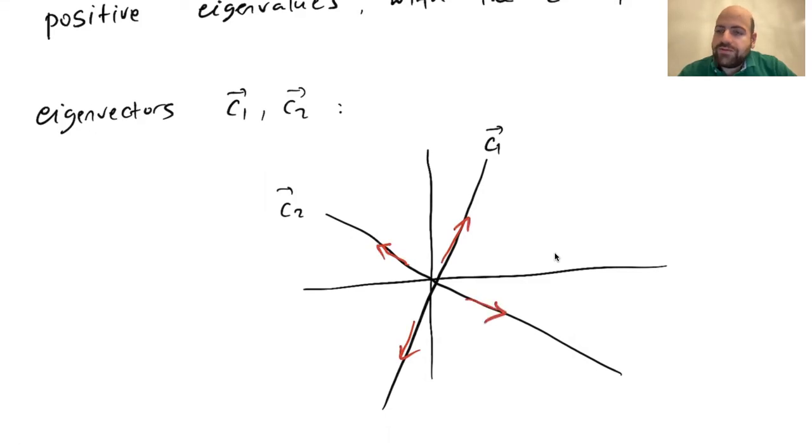So this is if you start from some point along this line or some point along this line, then we know how the particle will behave as t goes to infinity. But what about if the particle starts from some point in between? It doesn't have to start from some point on this line or some point on this line. It could start from some point in between. Then how does it behave as t goes to infinity?